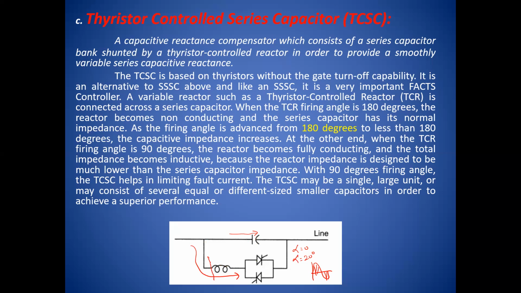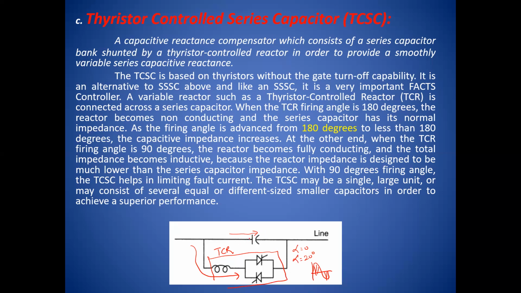So this part is the thyristor controlled reactor, and this is only the capacitor. With the help of the thyristor controlled reactor in conjunction with the capacitor, it is possible to obtain smooth variation of capacitance.